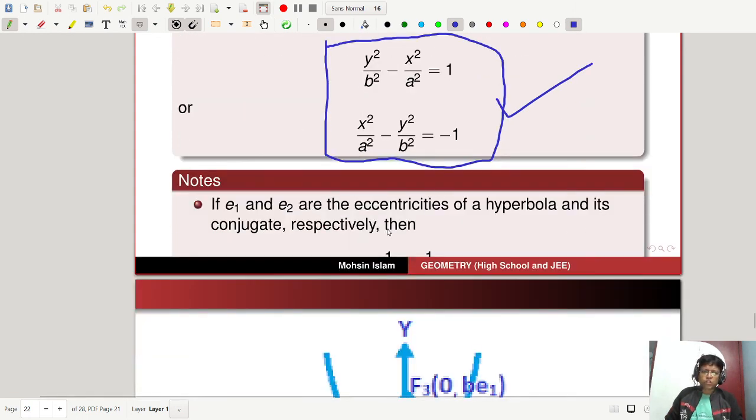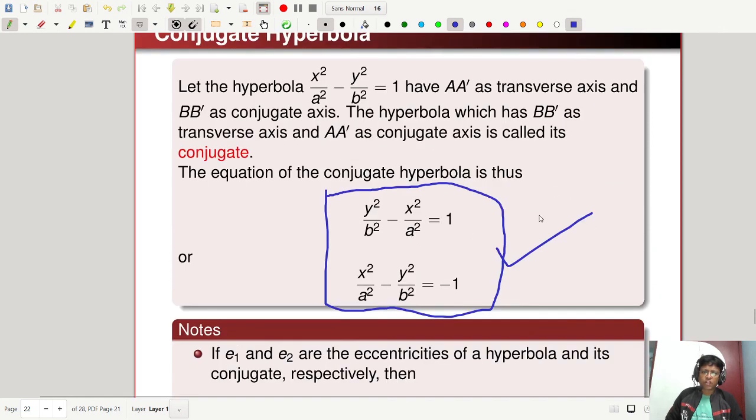So e1, e2 are the eccentricities of the hyperbola and its conjugate respectively. Then you have the relation 1 by e1 square plus 1 by e2 square equal to 1.